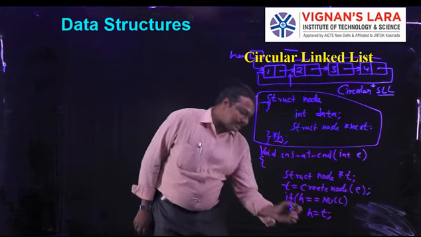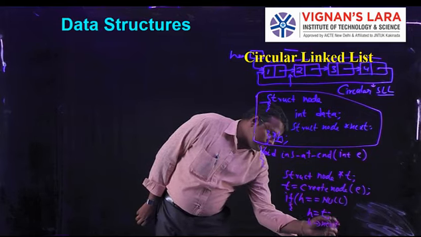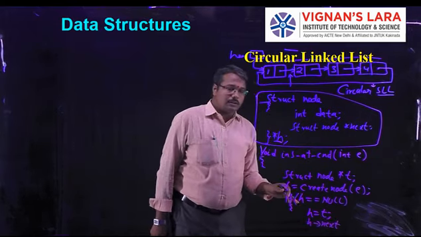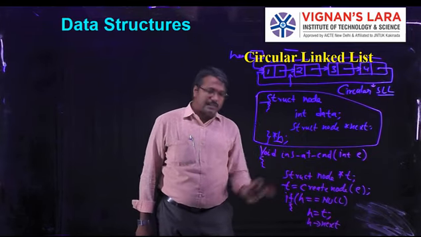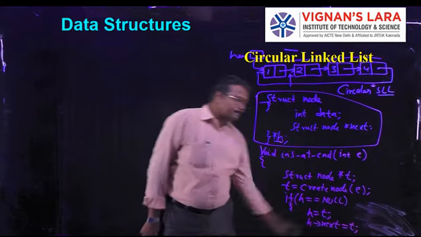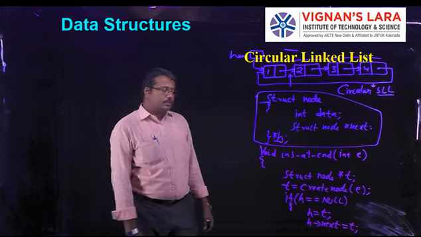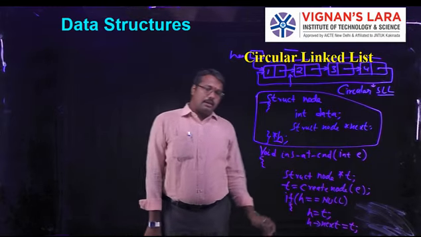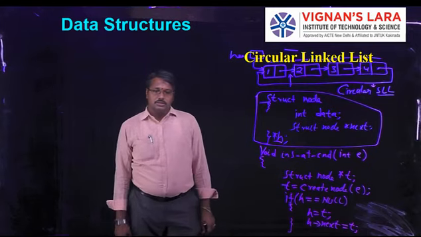So I am making H of next, because in general the create node function assigns null in the H of next. Right now I am assigning T or H. Why? Because both are pointing to the same value. So that's why either T or H. So this is closed.